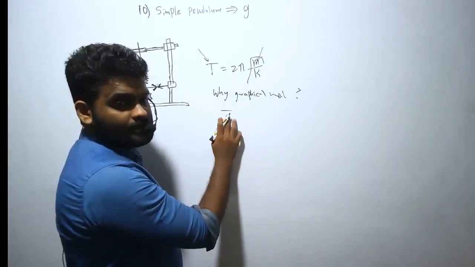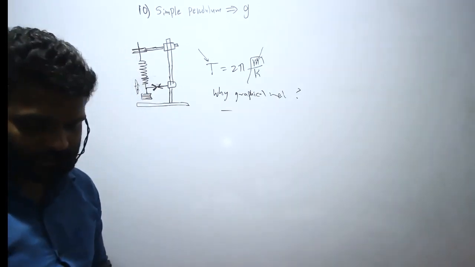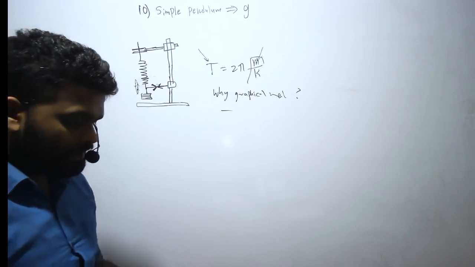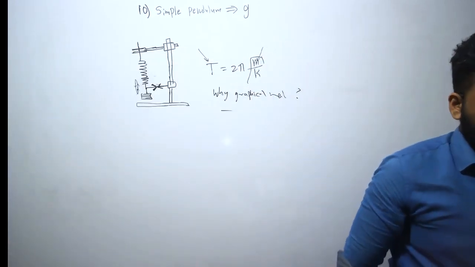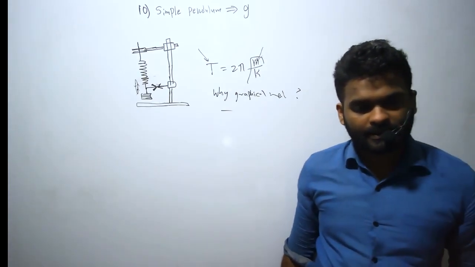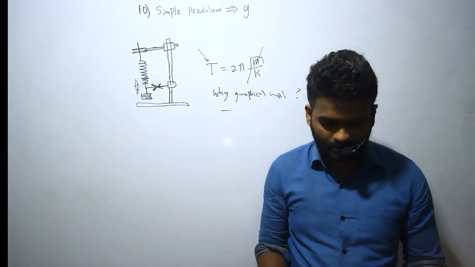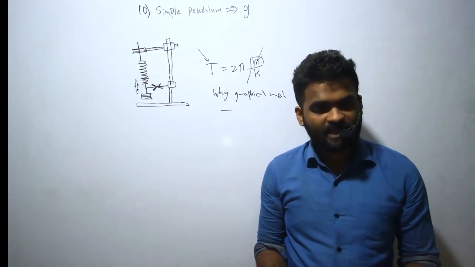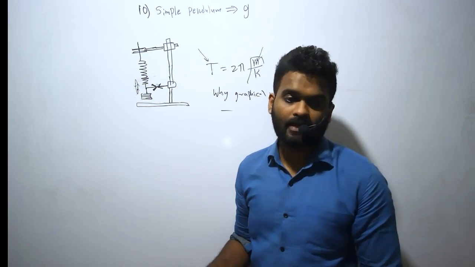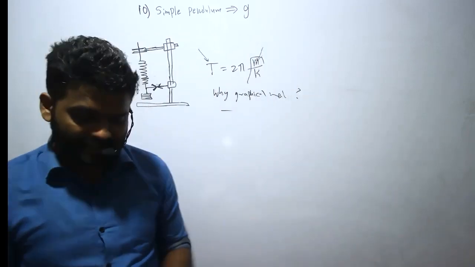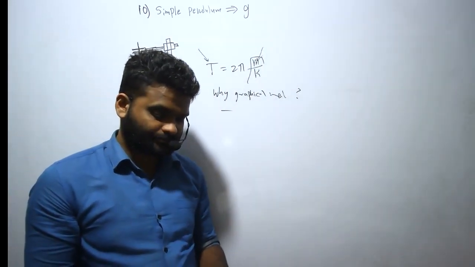Below this, here the target is not minimizing the random error.